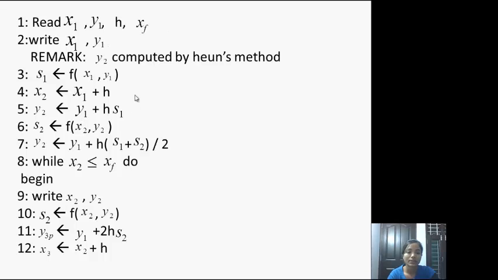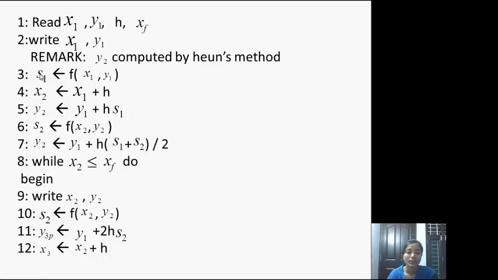So by this we can find our s1, and for s2 we need two things, x2 and y2. Our x2, the next point, is x1 plus h, and our y2 can be evaluated from Euler's formula, that is y(i+1) equals yi plus h times f of xi comma yi. Here i is 0, so y(i+1) is y1, and f of xi comma yi is si, so here s1.